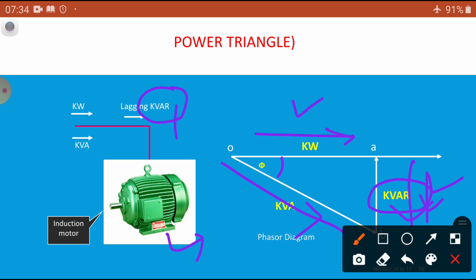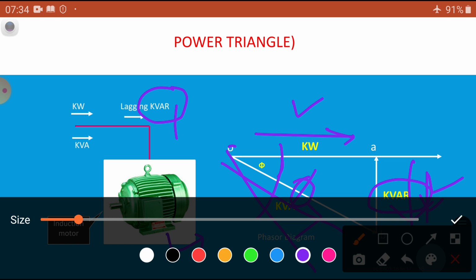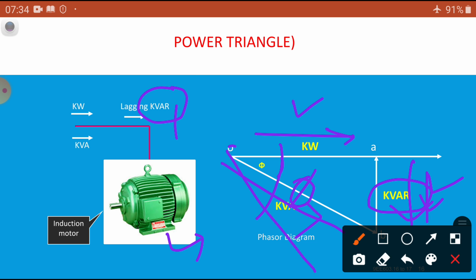If this reactive power is increased further, then what will happen? This angle increases, giving a further lagging power factor. Instead of this direction, suppose it is this one, what will happen? The angle reduces, then the power factor improves.